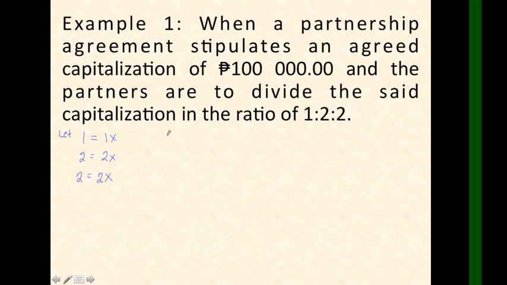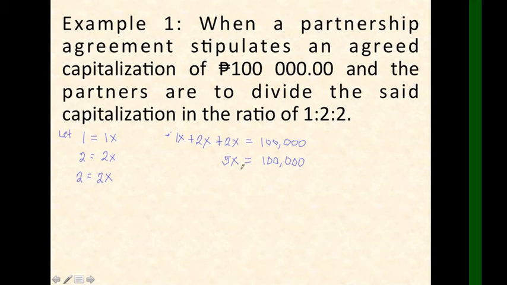So, for the equation, we have 1x plus 2x plus 2x equals 100,000. And then, i-add mo lang yung mga numbers, that is 5x equals 100,000.